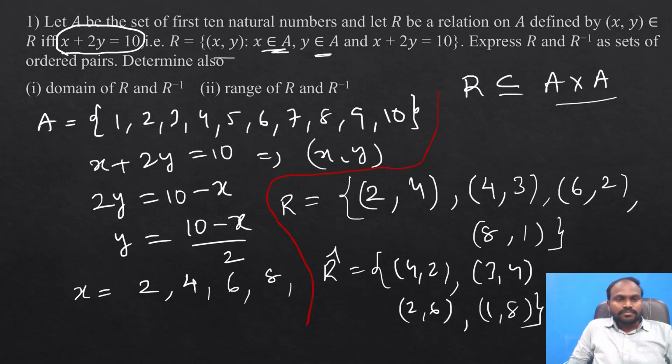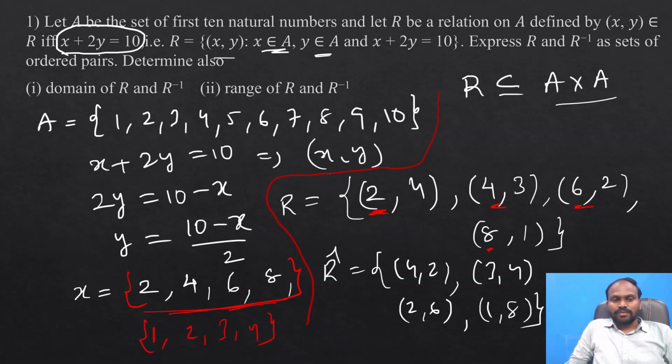So now the domain of R and R inverse. The domain of R is 2, 4, 6, 8, which we already wrote here. This is the domain of R. And the domain of R inverse is 1, 2, 3, 4.